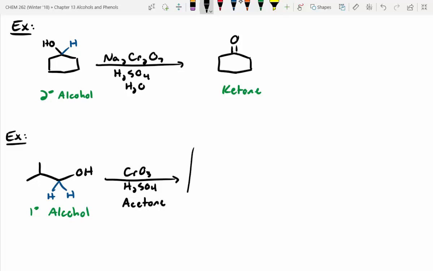you could say, well, theoretically, our first intermediate of this reaction is going to be this aldehyde, right? With one of those on. Problem is you can't isolate this.